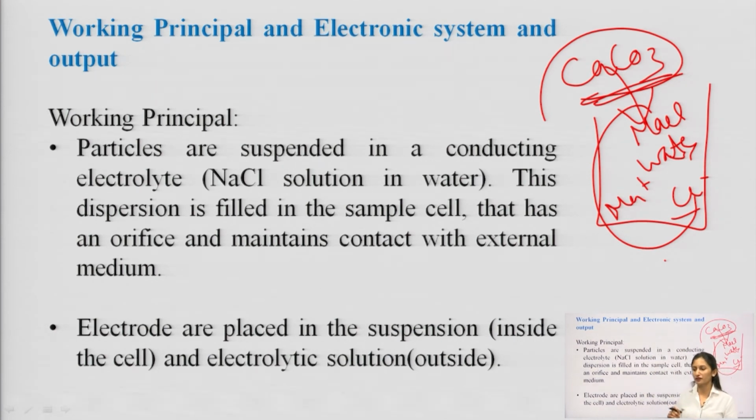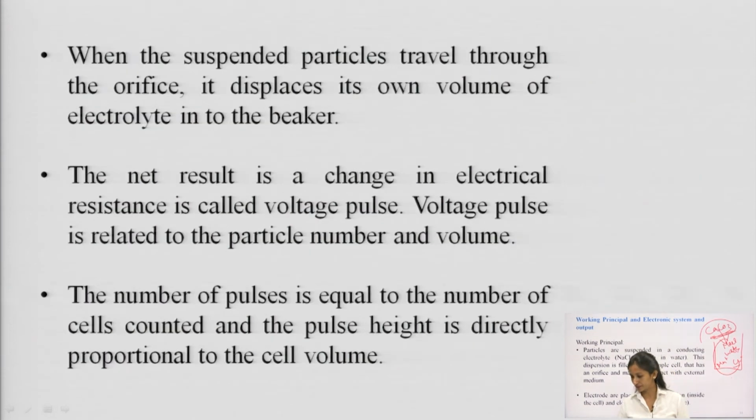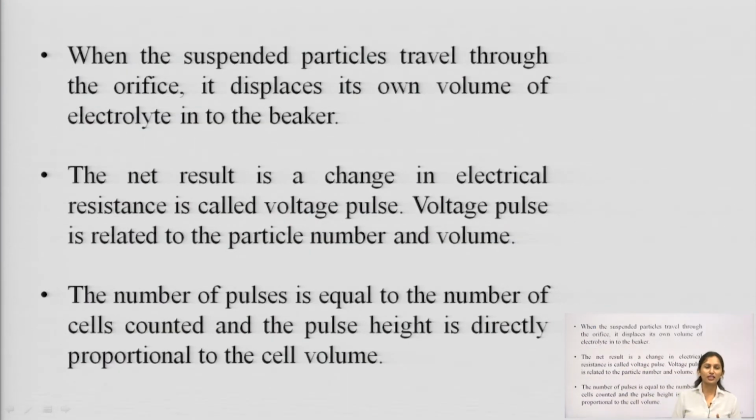This dispersion is filled in a sample cell that has an orifice and maintains contact with the external medium, which will also be a NaCl solution in water. Electrodes are placed in the suspension inside the cell as well as in the electrolytic solution outside the cell. When the suspended particles travel through the orifice, each displaces its own volume of electrolyte into the beaker.